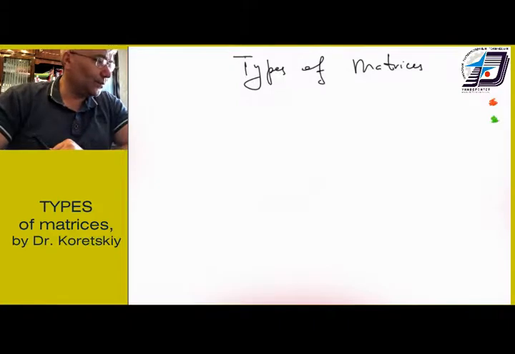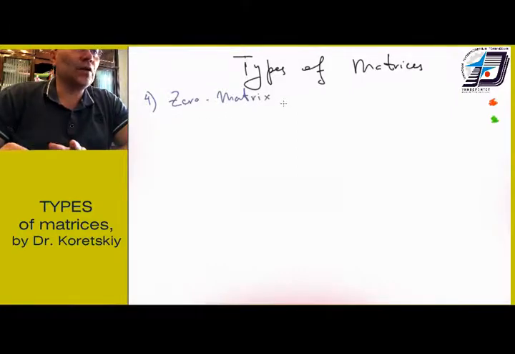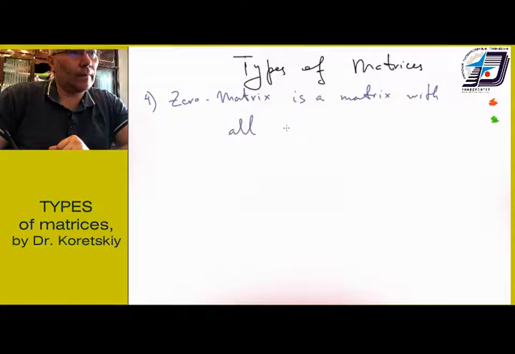Next one, the zero matrix. As it follows from the name, this is the matrix with all elements equal to 0, a matrix with all zero elements.